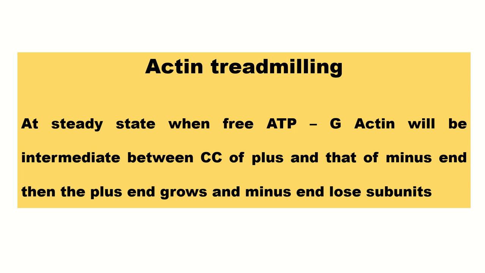The positive end will only grow when this ATP bound G-actin is intermediate between the two values. Which two values? The critical concentration value at the plus end and the critical concentration value at the minus end. This is called actin treadmilling. This process is mediated by two proteins, profilin and cofilin.